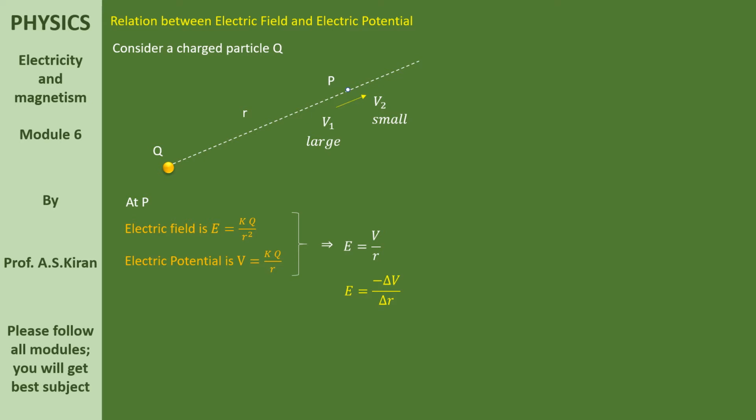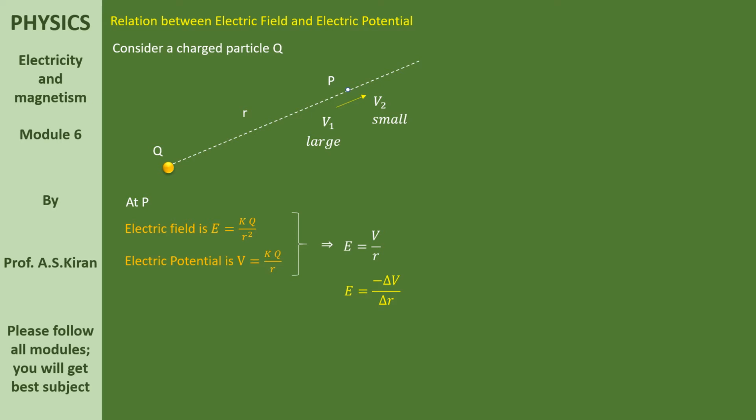Of course, this is a positive charge, and from a positive charge the electric field is always away from the charge. So electric field is always in the direction of decrease in potential, which gives us the minus sign.